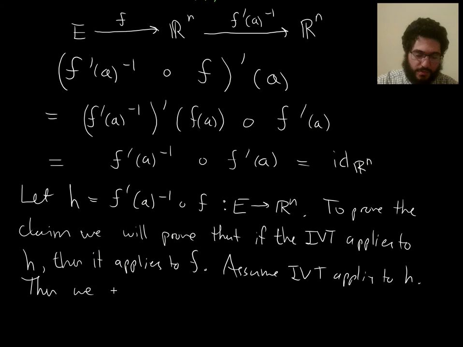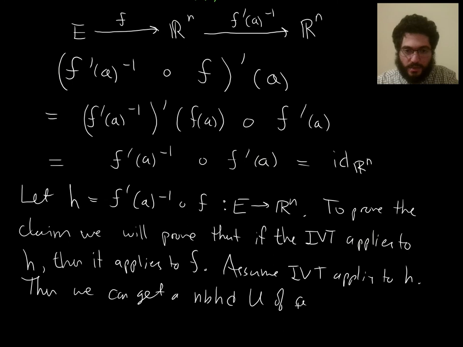Then, what does the inverse function theorem say? It says we can get a neighborhood U of A. Notice A is where, this is H here, A is where H prime ends up being an invertible linear map and ends up being the identity linear map.